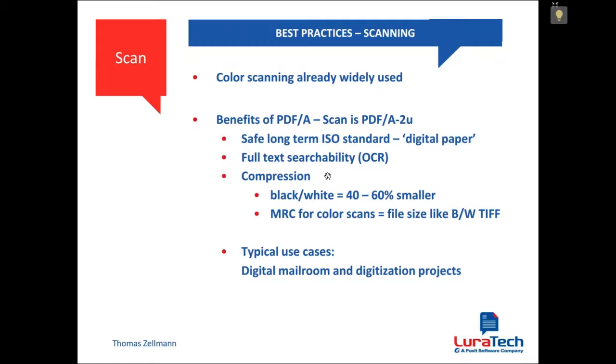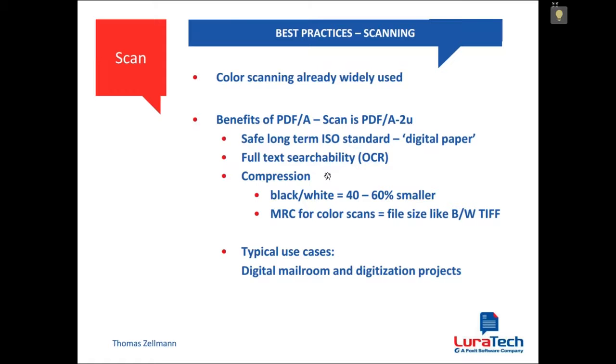It offers full-text searchability, which is, according to our customer experiences, one of the major benefits. If you just scan a document, it's a pixel document which is just dumb. You cannot really work with it. You just look at an image and can read the text, obviously, but the real fun and processing of documents starts when it's searchable.